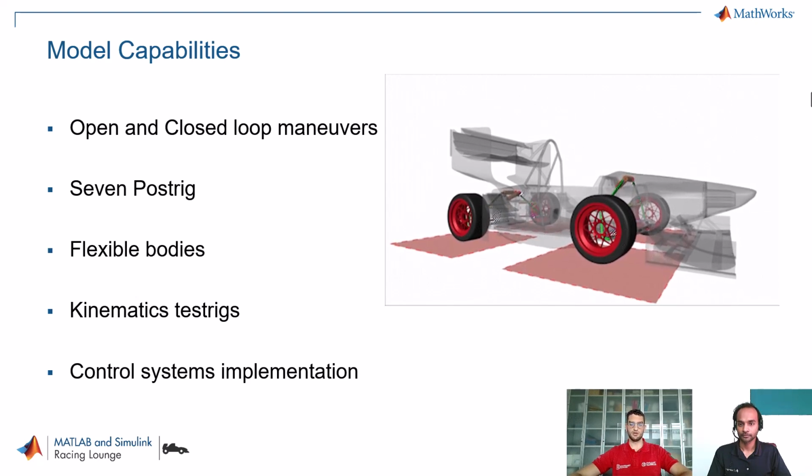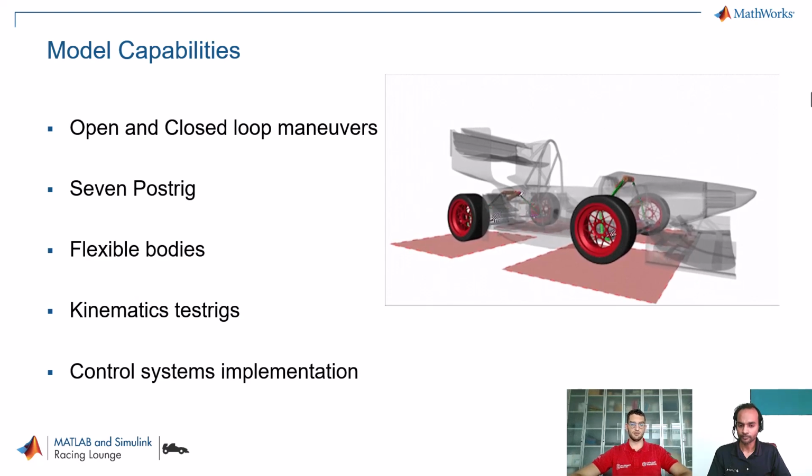In addition, we have a closed loop driver that allows us to perform lap time simulation by following a given trajectory. Also, we have a 7-post rig where we can excite all the four wheels, plus also emulate the aerodynamic forces.